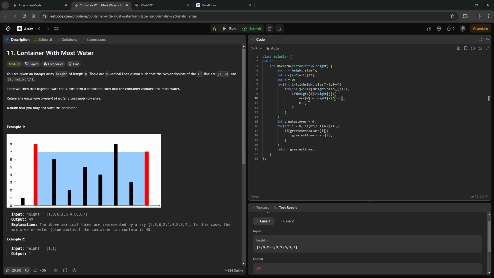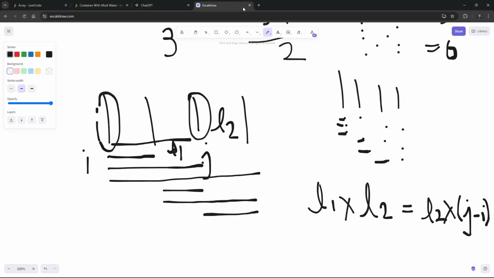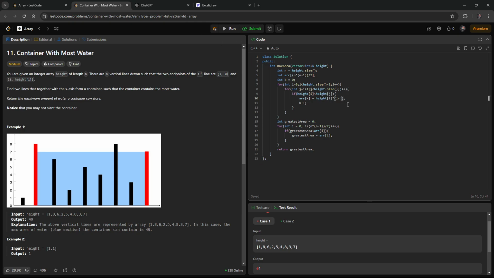Okay, that should do it. Sorry, I did j minus I here. Yeah, it should be j minus I, because j is always greater than I, right? J minus I, else, else if height j is greater or height I and height j are equal, then it doesn't matter.